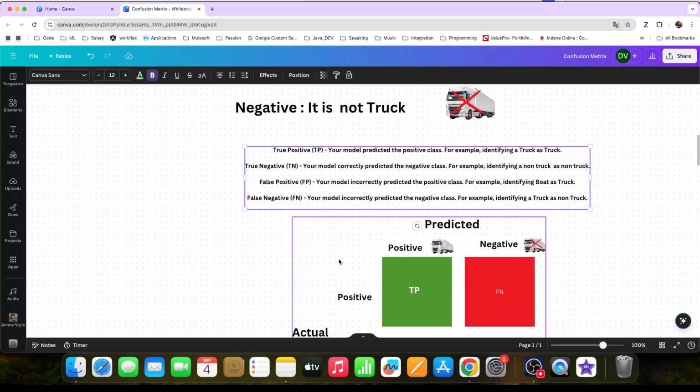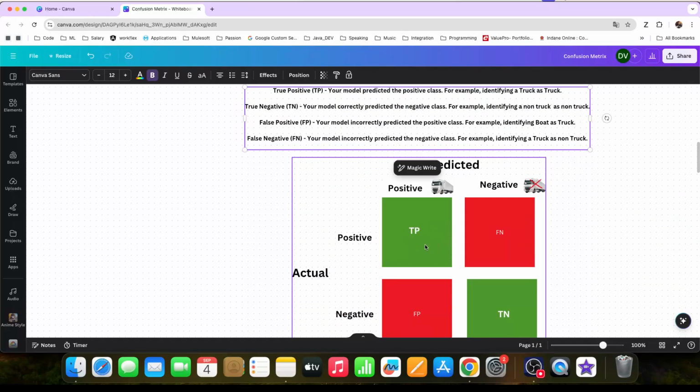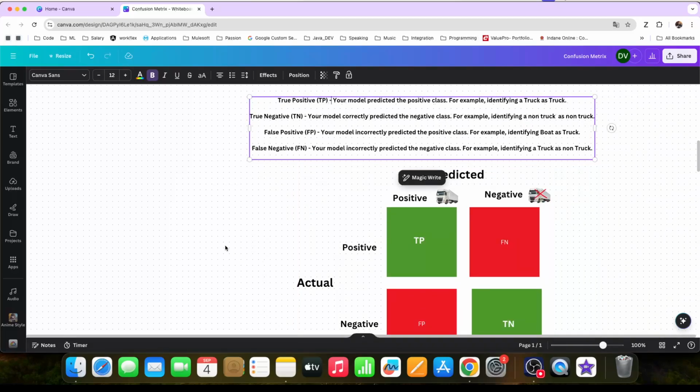In a confusion matrix, you would have four square boxes, and each square represents one of the scenarios. For example, this square represents true positive, this square false negative, this square true negative, and this square false positive. Don't worry about all these jargons if you're new.